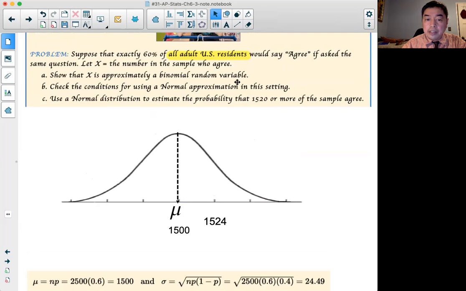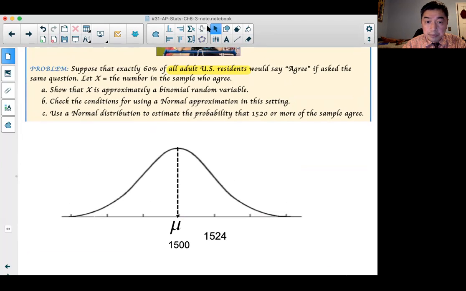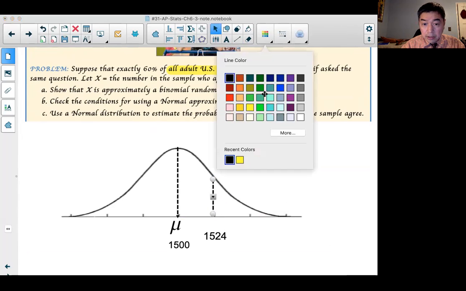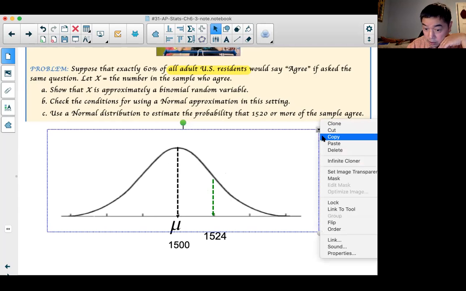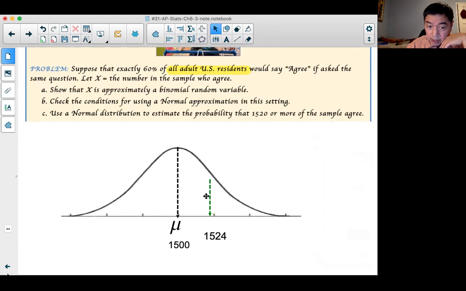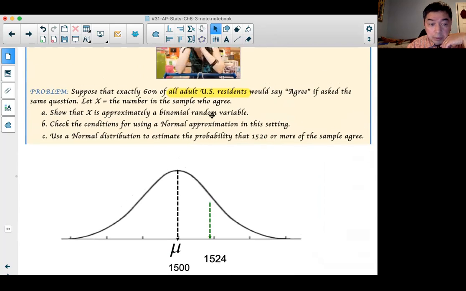I would change the color to green. Green dotted line is one standard deviation above, one z-score above, all right? But 1520 should be a little bit lower. I'm sorry, this one should be lower, not move. So I will lock this. This should be lower.